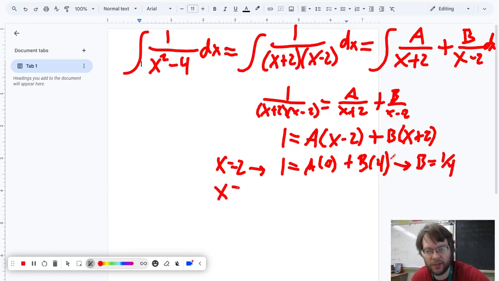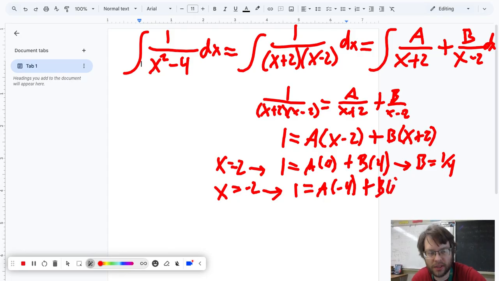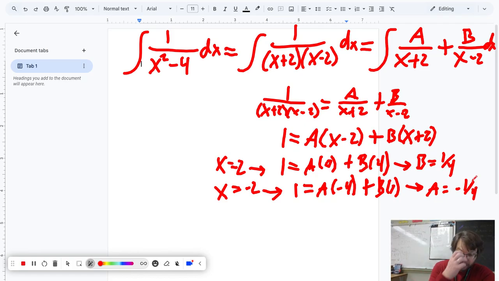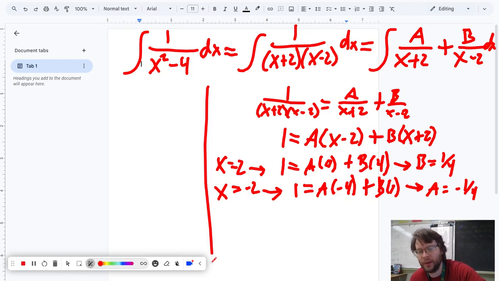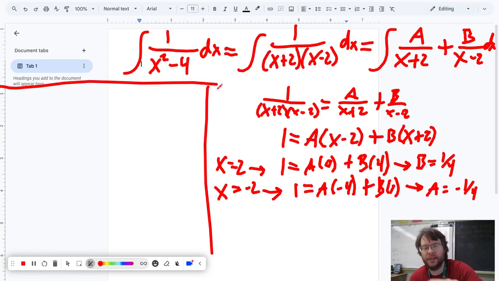And if I plug in x equals negative 2, I get 1 equals A times negative 4 plus B times 0, which tells me that A is negative 1/4. By the way, you could have plugged in any two x values and solved your system of equations. I just chose two x values that would make part of it eliminate, so it would be the easiest x values to use.